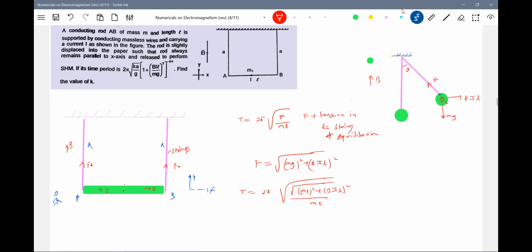Sir, it will be ML by F, sir. Dimension also it is wrong, sir. Okay, this should be ML by F only. F should be equal to this much. So this will be 2 pi root of ML by root of mg square plus BIL whole square.